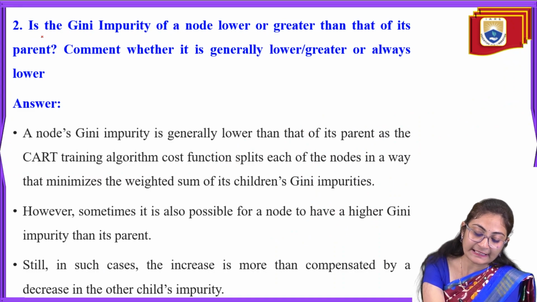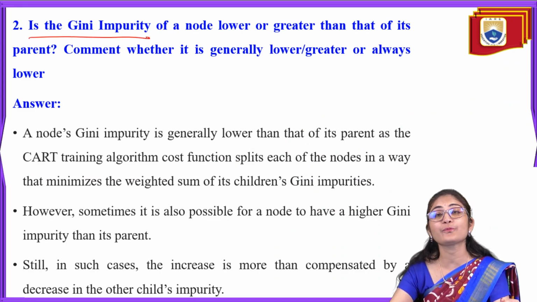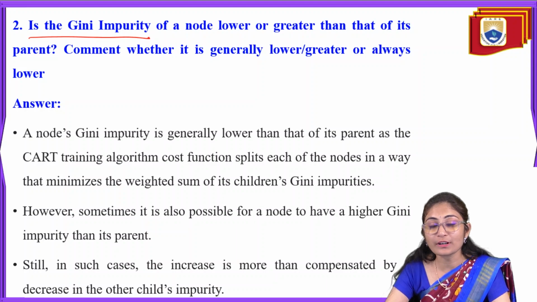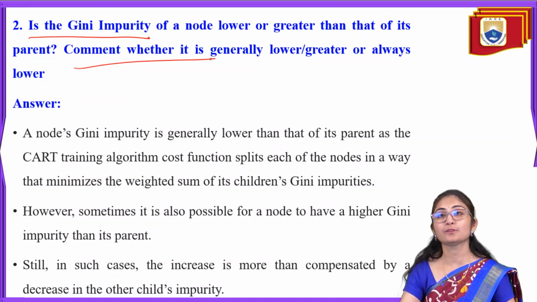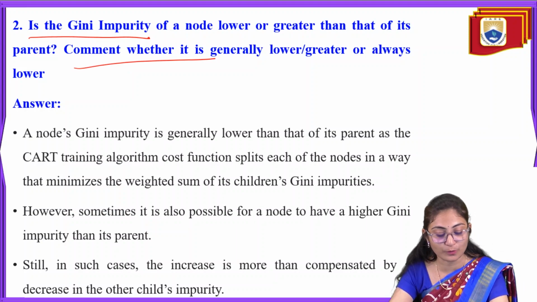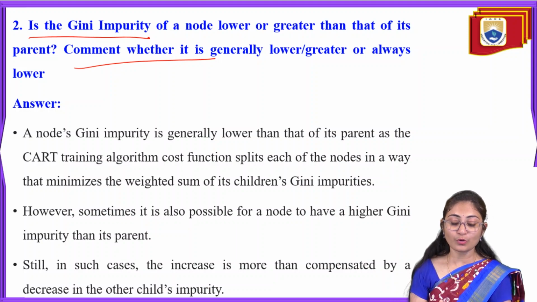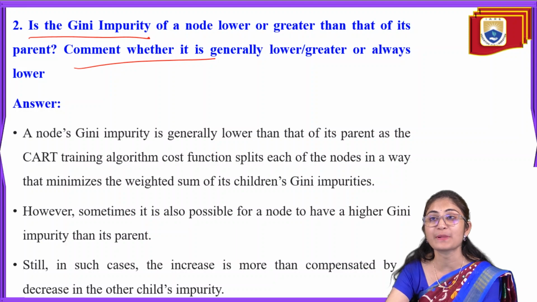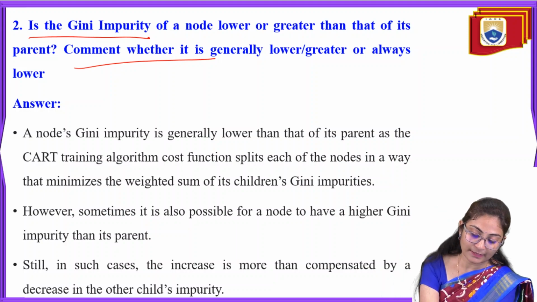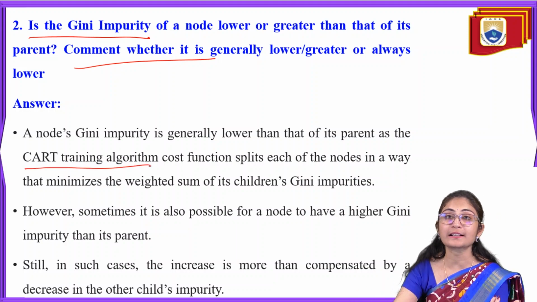Now the next one is: is the Gini impurity of a node lower or greater than that of its parent? Comment whether it is generally lower, greater, or always lower. A node's Gini impurity is generally lower than that of its parent, according to the CART training algorithm.